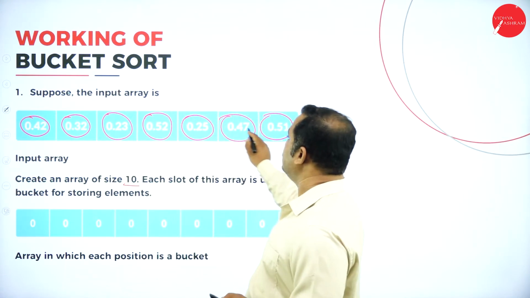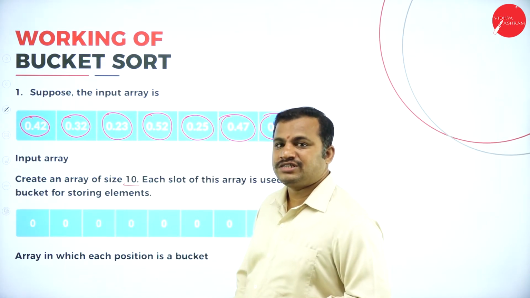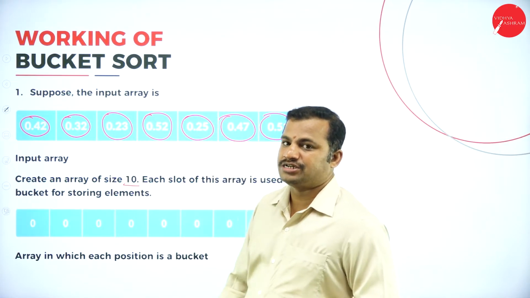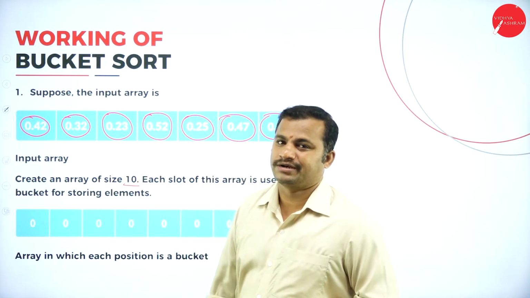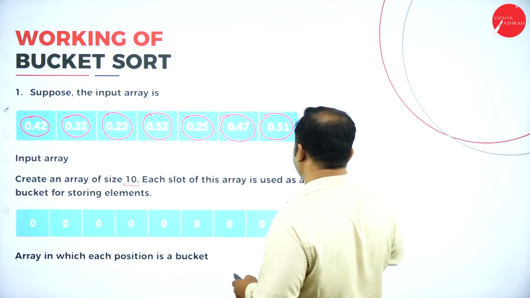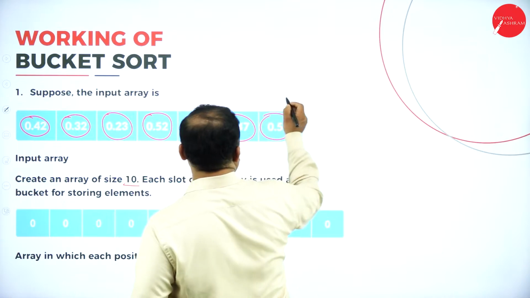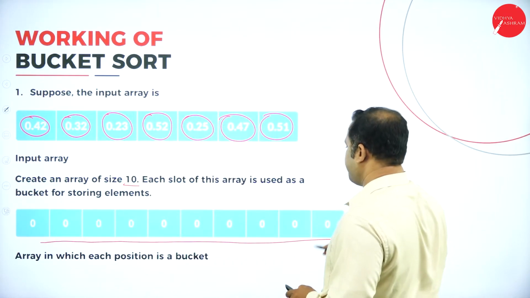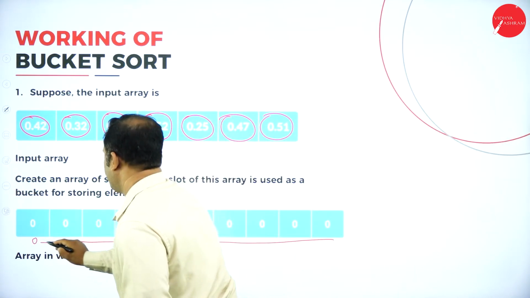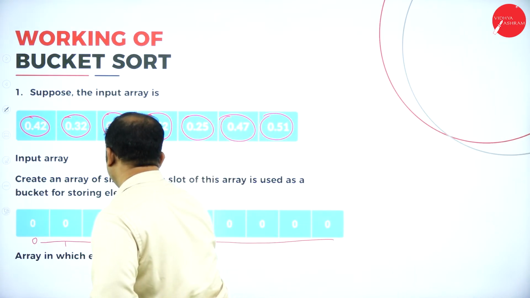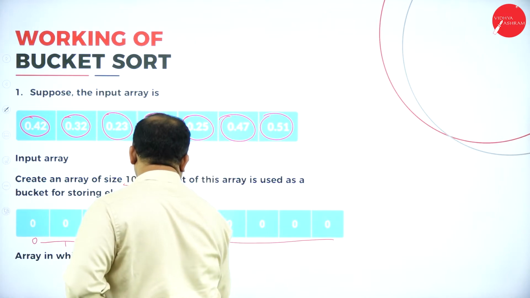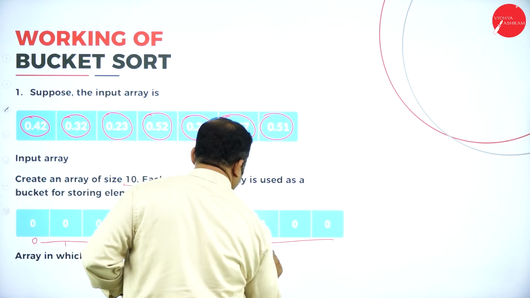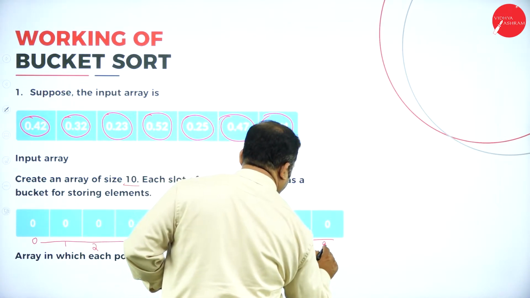All of these things are in the range of 0 to 5. Let me consider 0 to 5 or 0 to 2 here. Right. See here, what is the size of the array I am defining here? It is 10: 0, 1, 2, 3, 4, 5, 6, 7, 8, 9.